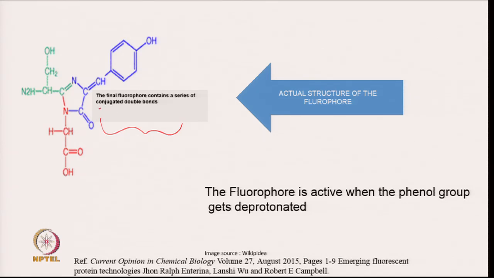It has a series of conjugated double bonds, and you can see that this is conjugated to this double bond and this is conjugated to this double bond. So, there is a series of conjugation, and that is why it fluoresces. The fluorophore is active when the phenol group gets deprotonated. If it gets deprotonated, then there is conjugation and it becomes active.